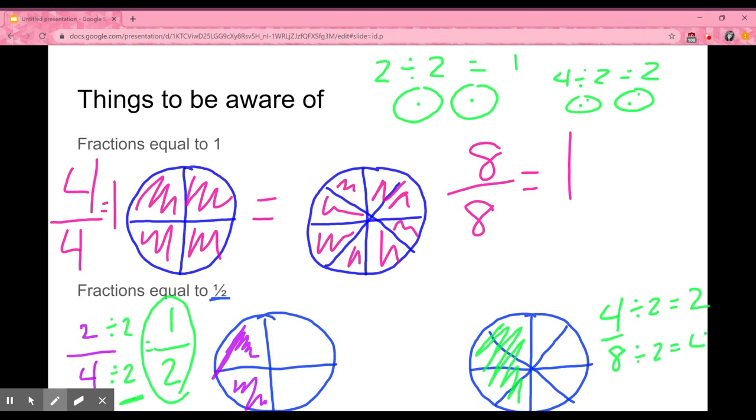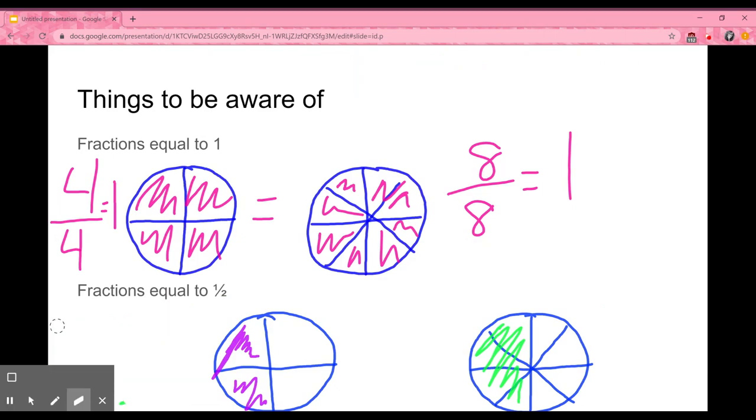So it's equal to 2/4. And I just figured out that 2/4 equals 1/2. If I were to divide that by 2 again. So both of these equal 1/2.